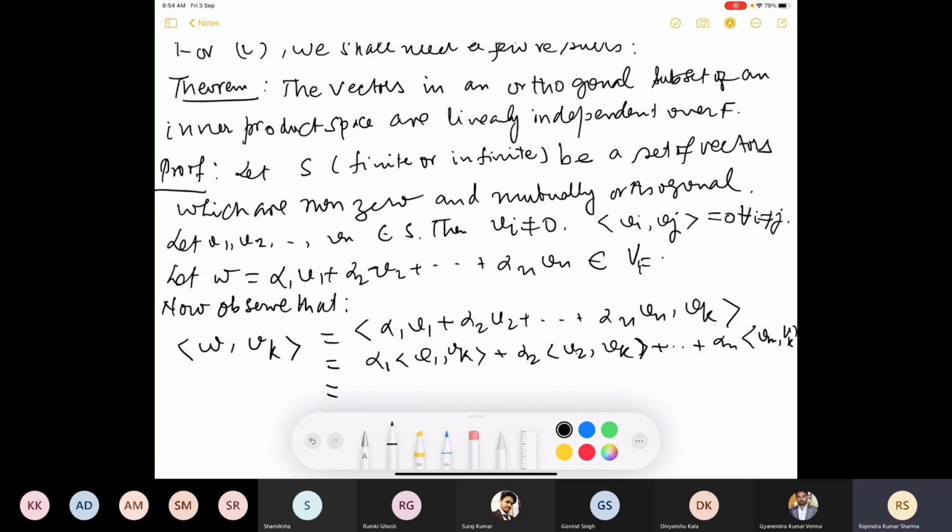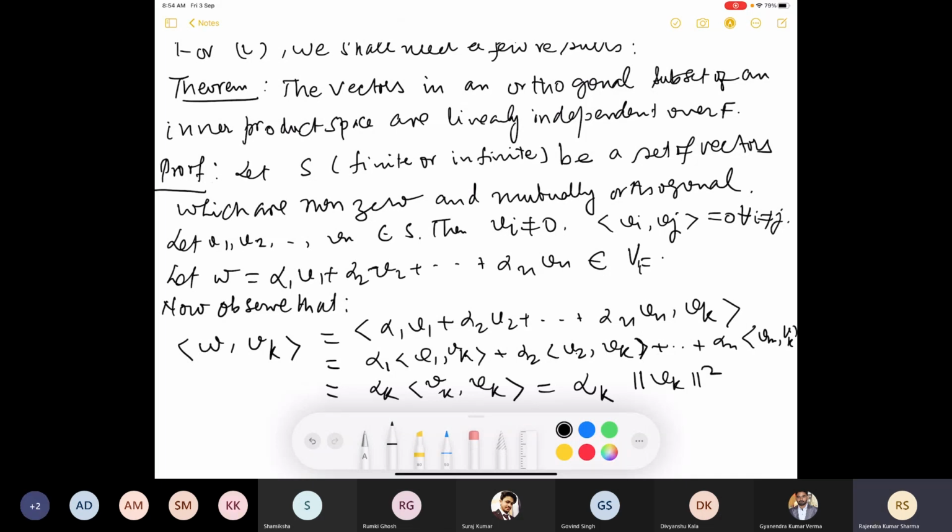Now what you can see is that because they are mutually orthogonal, when k is different from i, for each i, the inner product Vi Vk will be 0. Otherwise, this will be Vk, Vk. So only one term will constitute here because k is fixed. So this will be alpha k inner product Vk Vk, and this is the same as alpha k times norm of Vk square.